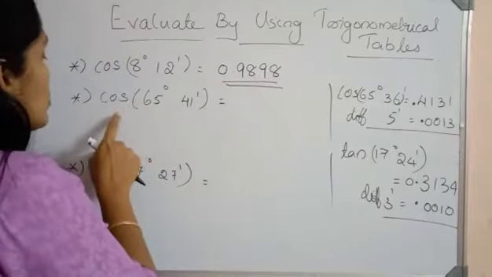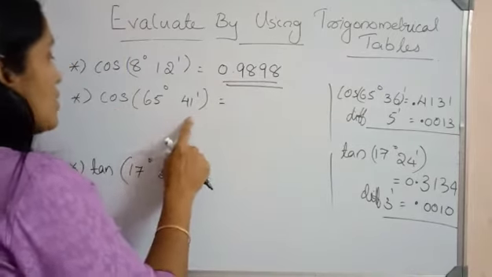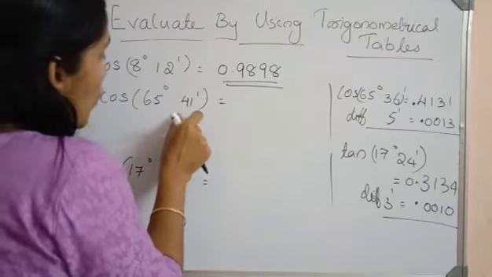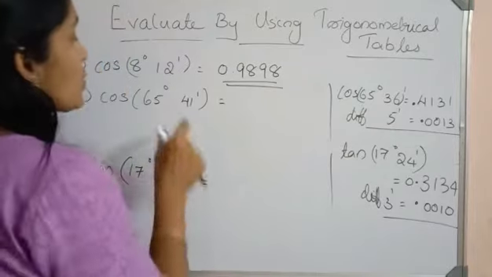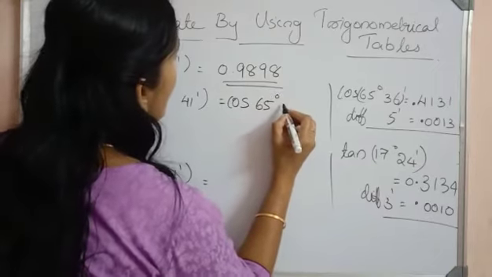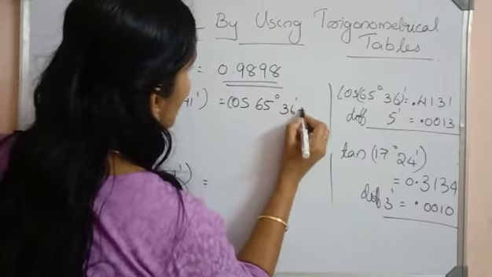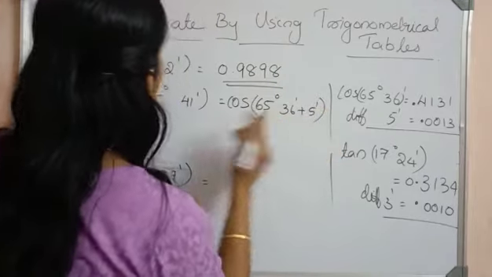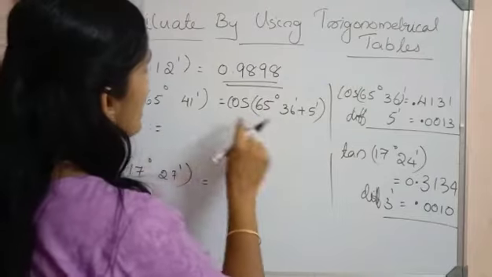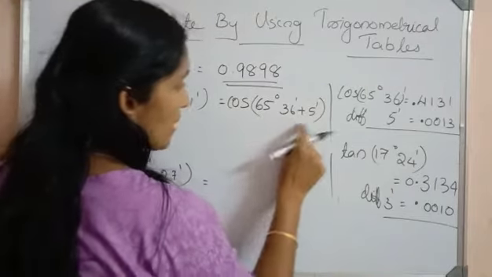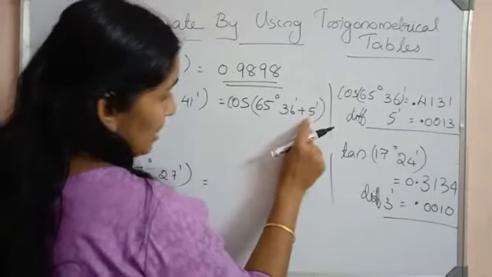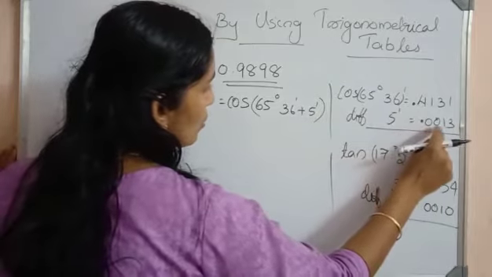Now let's see the other question, cos 65 degree 41 minutes. You will not get the value for 41 minutes directly from the table, so you need to split this as cos 65 degree 36 minutes plus 5 minutes. For cos 65 degree 36 minutes, the value is 0.4131, and the difference for 5 minutes is 0.0013.